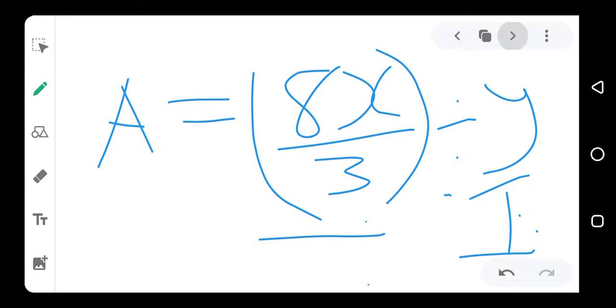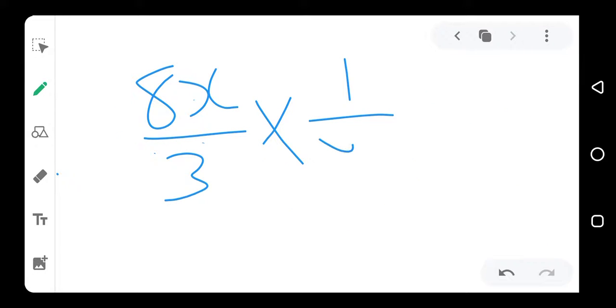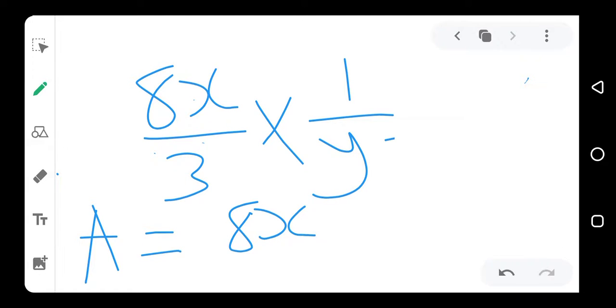So this becomes equal to, then we multiply the ones that are up and the ones that are down. The numerators are 8x times 1, which is 8x. And the one that is down is 3 times y, which is 3y.